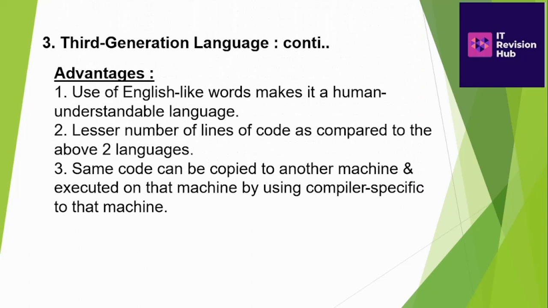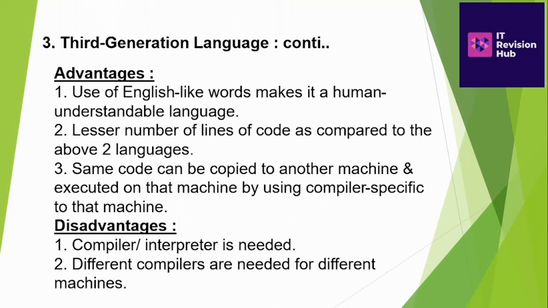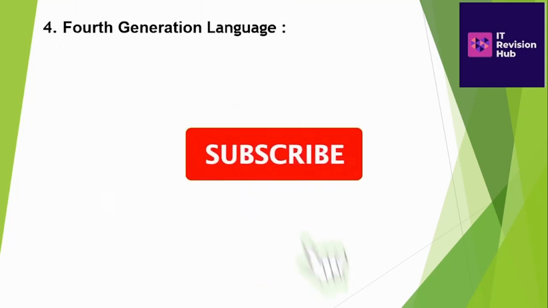The same code can be copied to another machine and executed on that machine by using a compiler specific to that machine. Disadvantages: a compiler or interpreter is needed. Different compilers are needed for different machines.